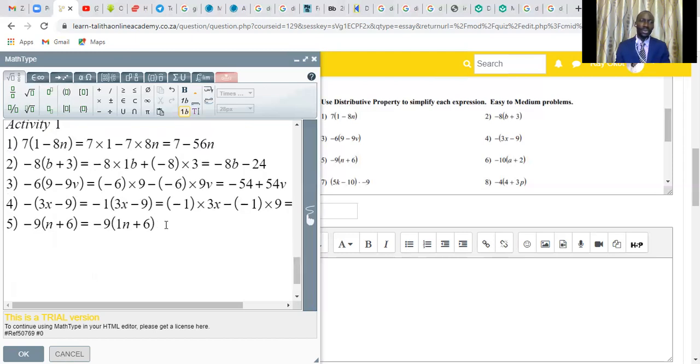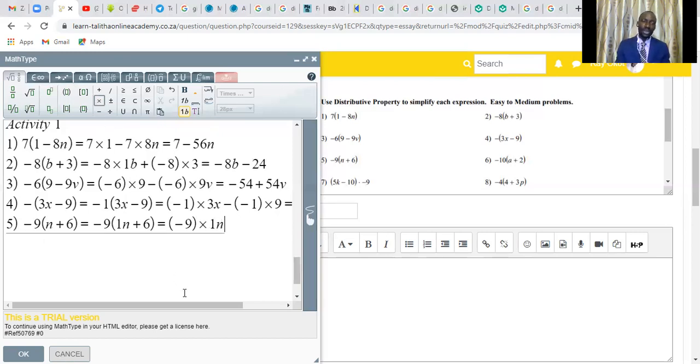When we do that, we then move on to the step of distribution. What are we going to distribute? Well, we are going to distribute -9 to what? 1n.